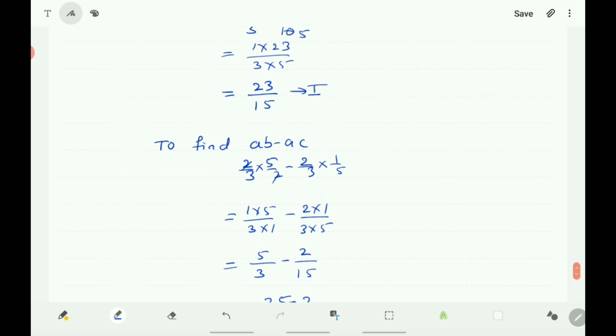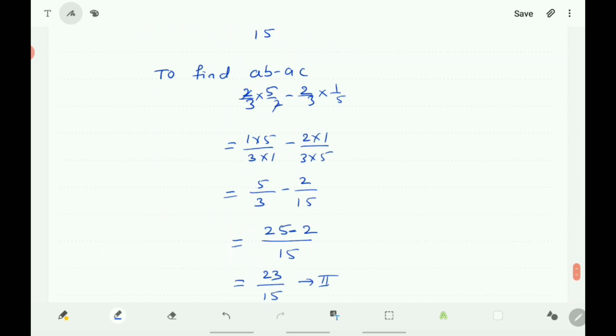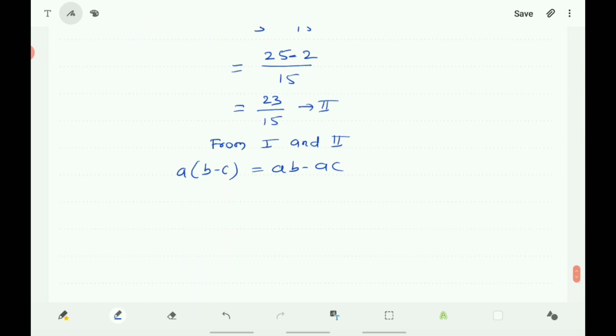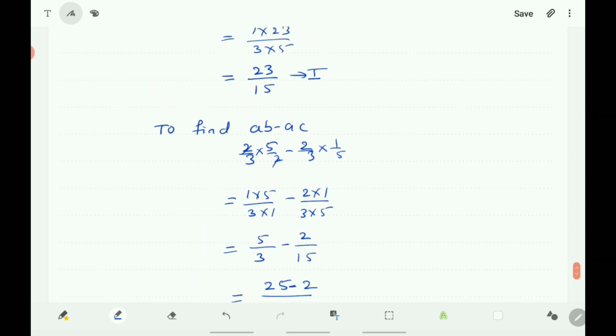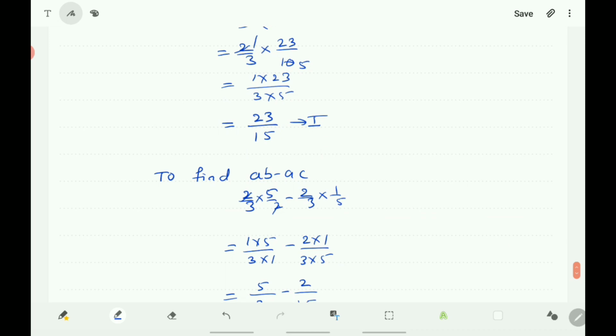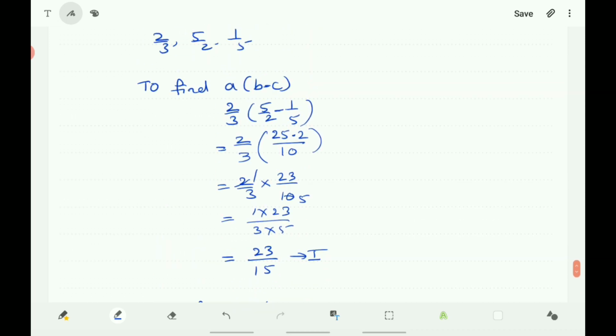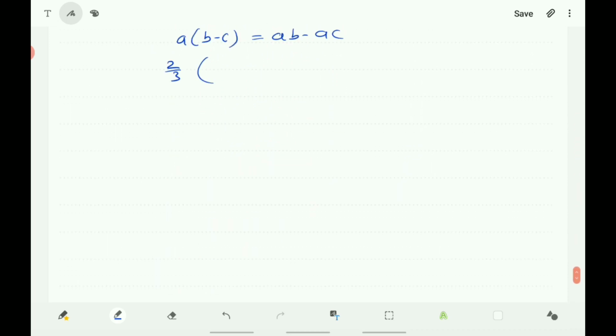In terms of the numbers, you can write 2 by 3 into 5 by 2 minus 1 by 5 is equal to 2 by 3 into 5 by 2 minus 2 by 3 into 1 by 5.